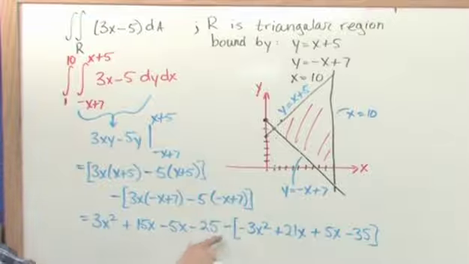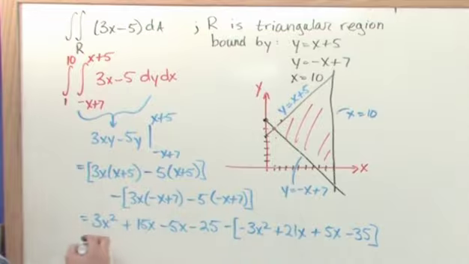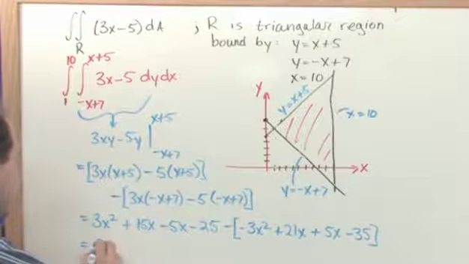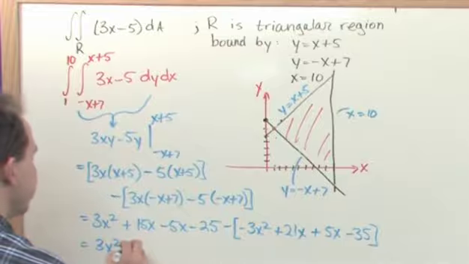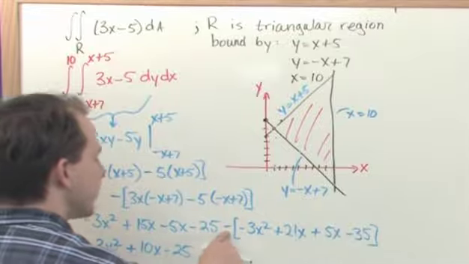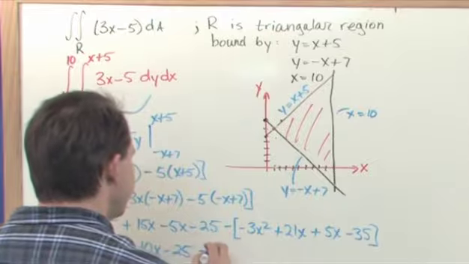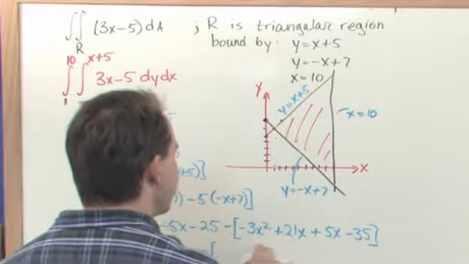Okay, so I kept it like that because I didn't want to screw myself up with signs trying to distribute this sign in on top of doing all of this other work. So I'm going to clean up a little bit of this. 3x squared, 15x minus 5x gives me plus 10x, minus the 25. I'm going to keep this here for right now, and I'm going to clean everything up on the inside.